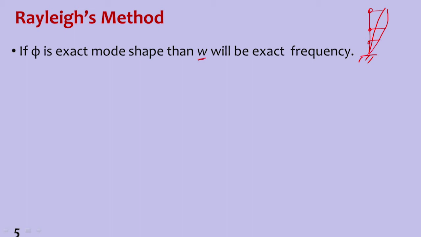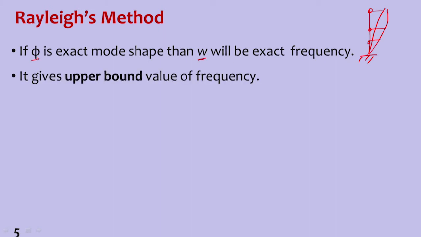If we make it approximately near to the first mode, then we get the first natural frequency. So if phi is the exact mode shape, then omega is the exact frequency. In this we are not evaluating the mode shape, we are assuming some mode shape, and with that we are getting an approximate fundamental natural frequency.